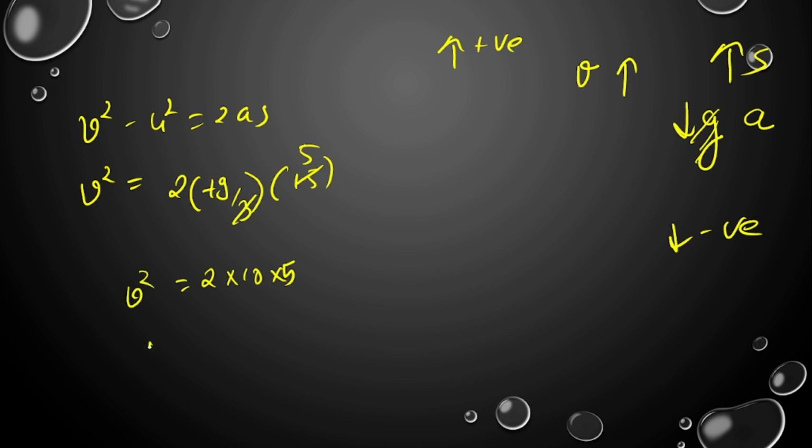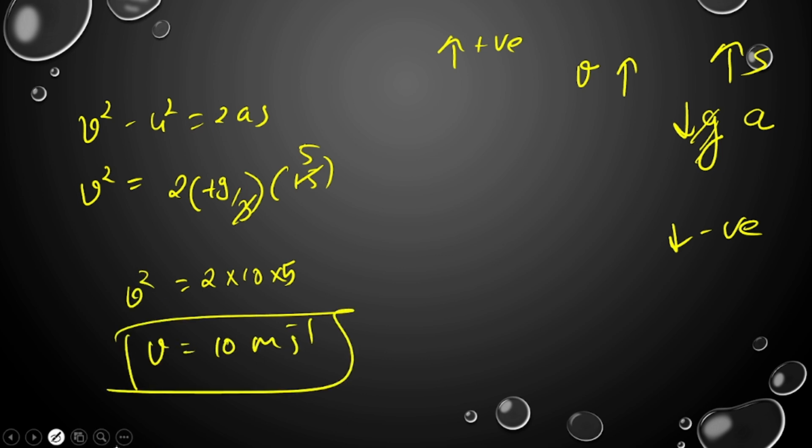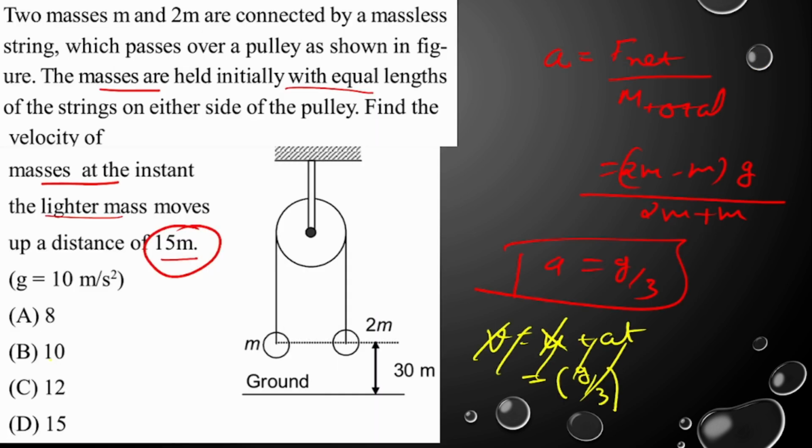So v equals 10 meter per second. Velocity will be 10 meter per second.